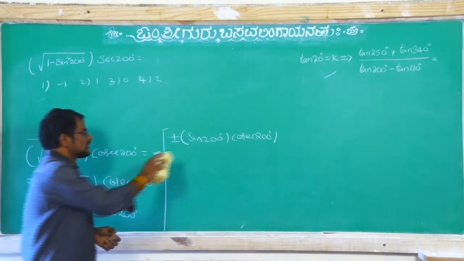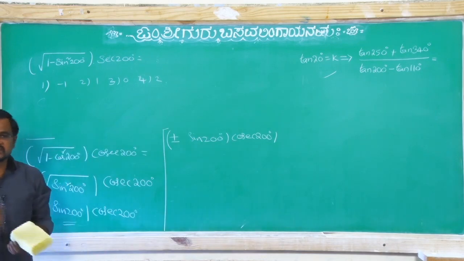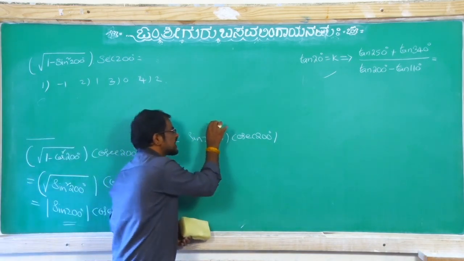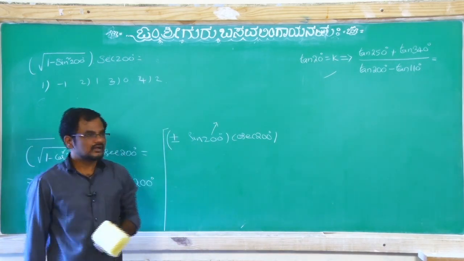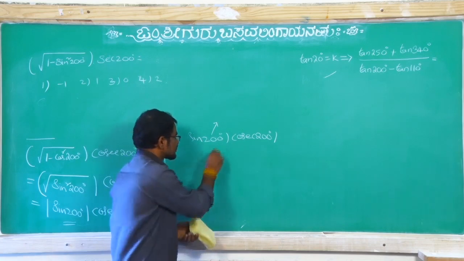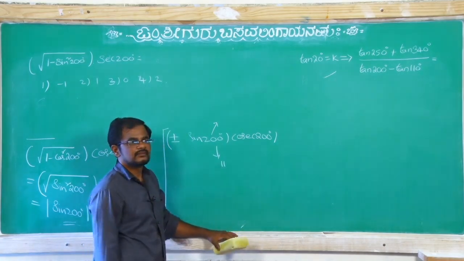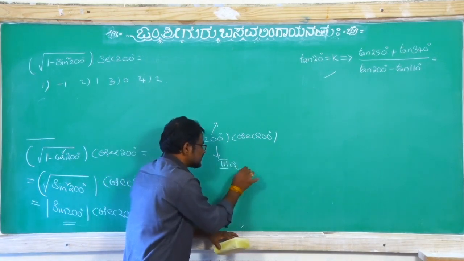Now here, whether we have to take plus or minus depends on this angle. Understood or not? Now 200 degrees lies in which quadrant? Third quadrant.